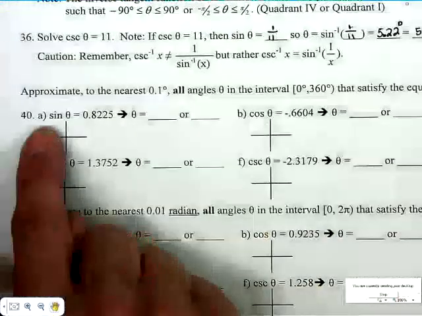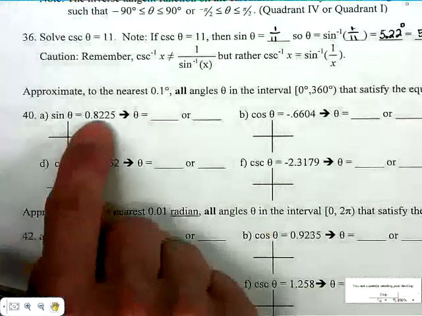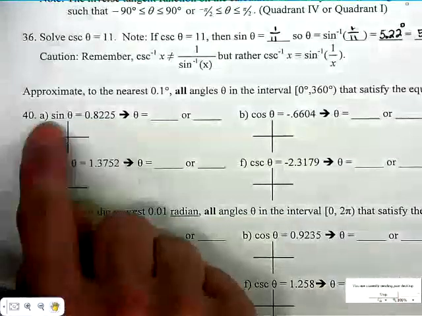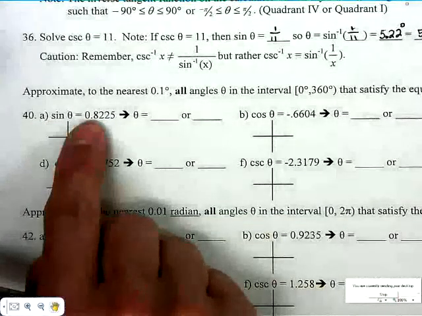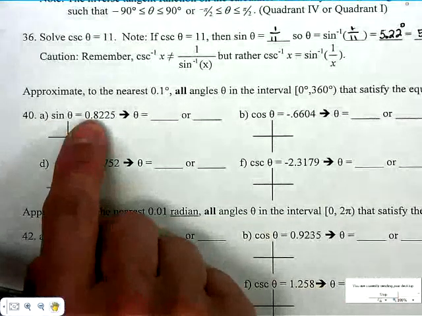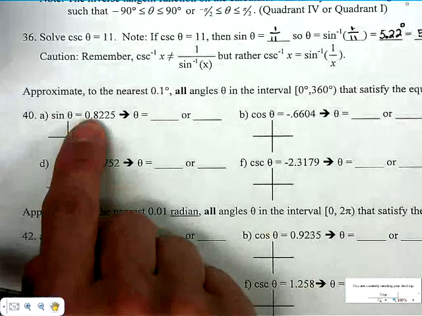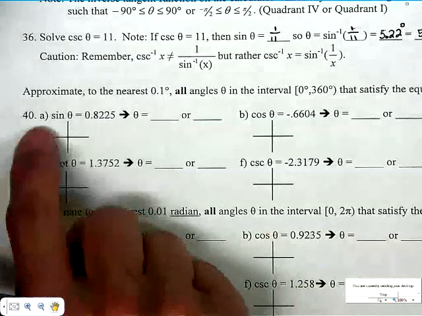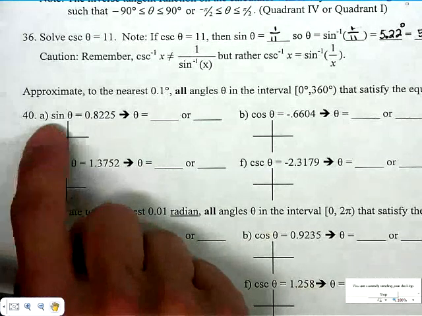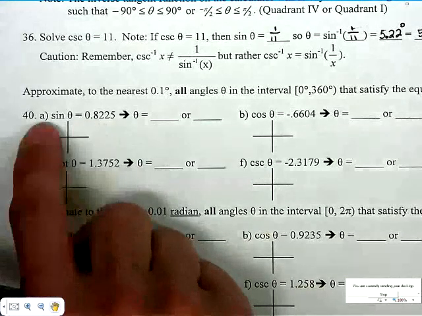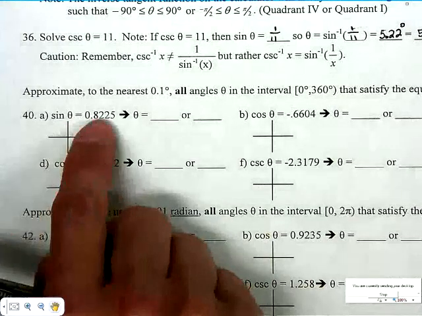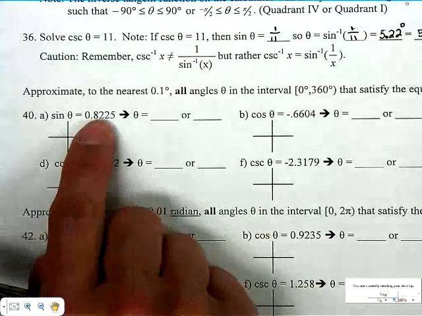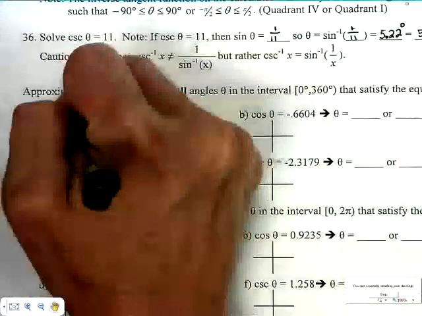Sine of theta is 0.8225. Now I know that sine is positive in what two quadrants? That's your y coordinate, so sine is positive in quadrant 1 and quadrant 2. And if I punch inverse sine of 0.8225 on the calculator, it will give me this quadrant 1 angle theta.